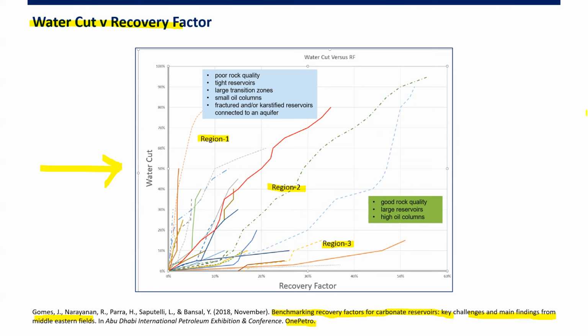You get those data and then plot it like this, and you can make 3 regions to distinguish which reservoirs have performance like region 1, which have region 2 performance, and which have region 3 performance, where you will get relatively low water cut, although you already have relatively high recovery factor.